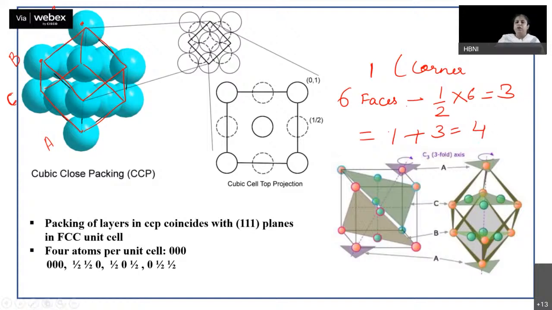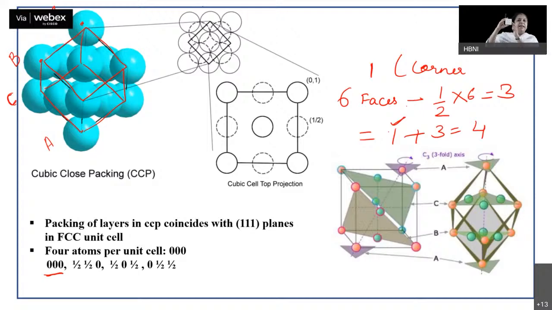And what are the coordinates? The one at the corner, its coordinate is always 0, 0, 0. Now you will have to find the coordinates at the faces. The faces' coordinates would be, suppose this was my origin, the coordinate of this particular face would be x is half, y is 0, z is half.